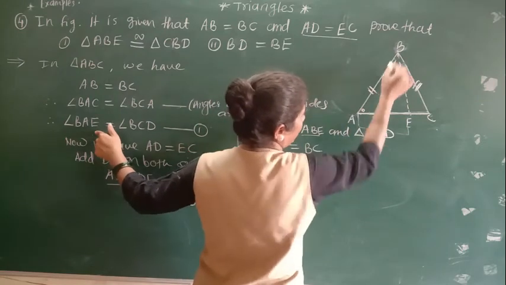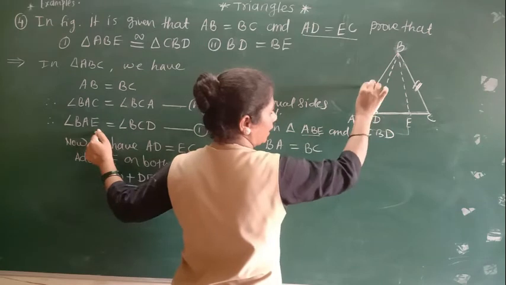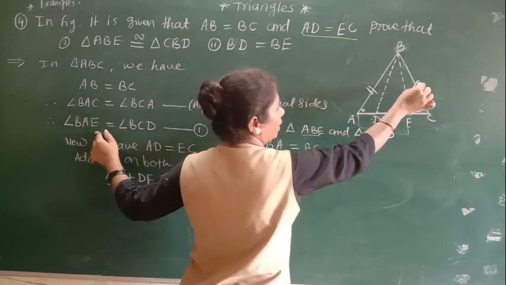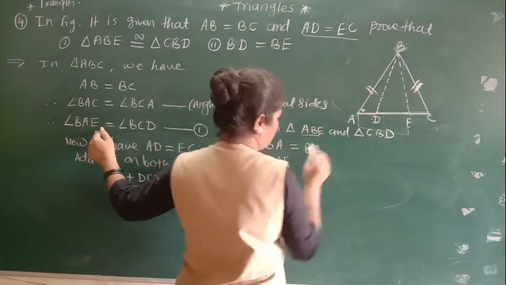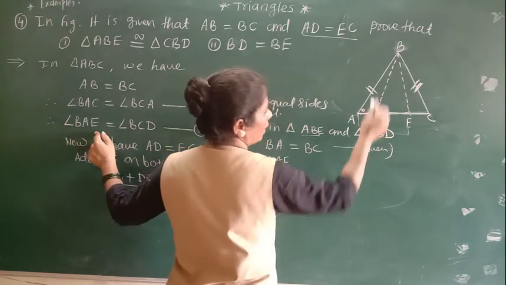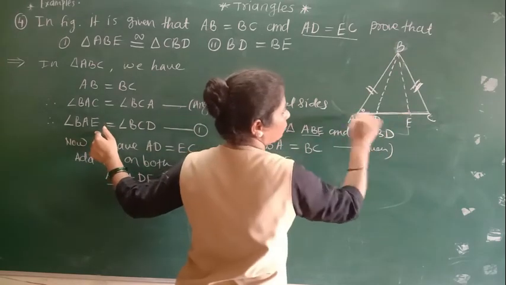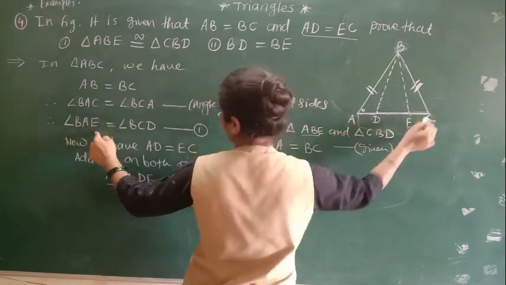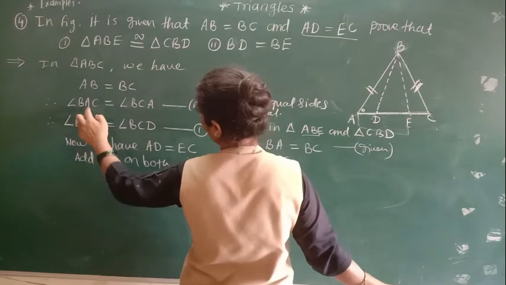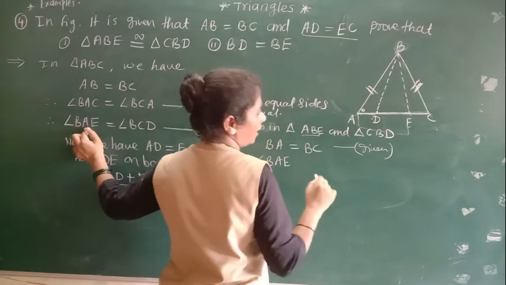Now we observe these two triangles, triangle BAE and triangle CBD. In these triangles, BA equals BC is already given to us. Then angle BAE: BAC and BAE are the same, because we take the letter E with this.